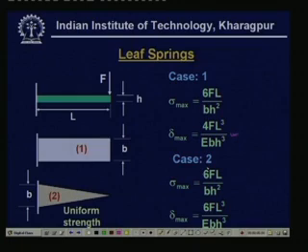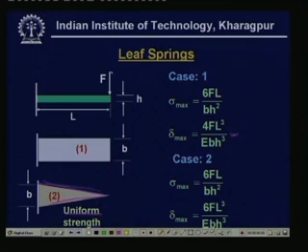Now, in the second case, you can see that instead of having the same cross section, we are taking a triangular sort of situation. The beauty of this particular triangular section is that we call this a uniform strength. See, this is very easy.